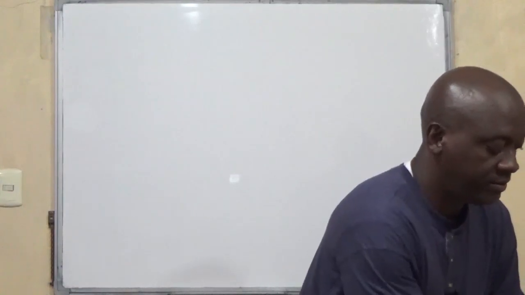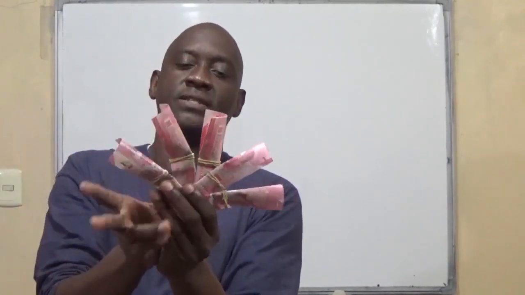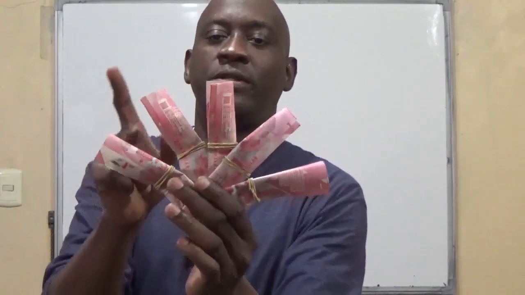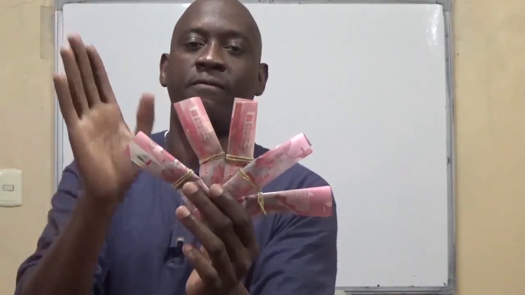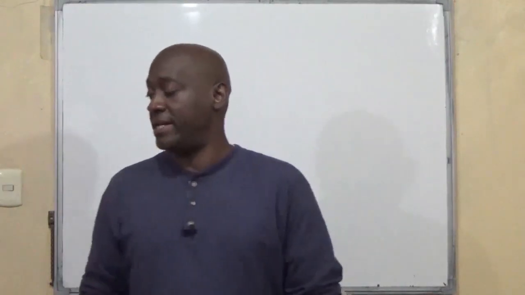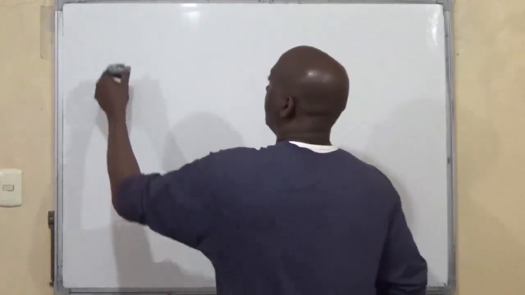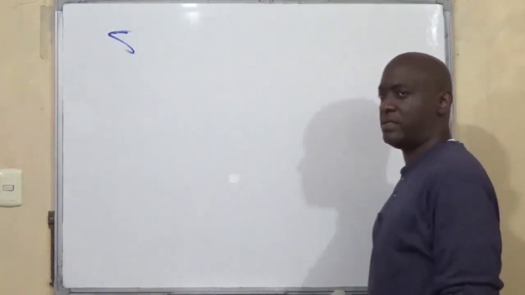Look at them here. 1, 2, 3, 4. I'll put one in the center here. 5. 1, 2, 3, 4, 5. We understand that immediately as multiplication, because we have 5 words.